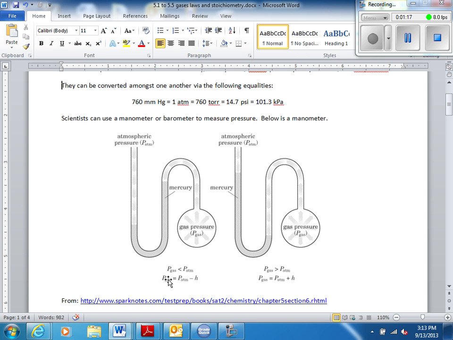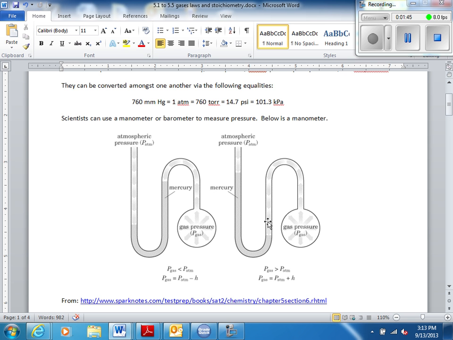So the gas would have the atmospheric pressure, whatever it is, minus the height from the top here to the top here. So this difference from here up to here would be H, and the gas pressure is the atmospheric pressure minus H, because the atmospheric is clearly larger since the mercury is lower on this side.